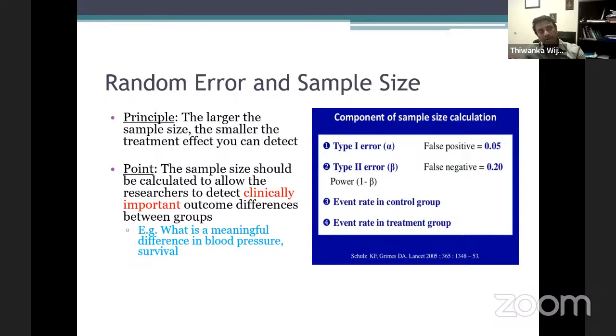The two other variables we put in when we are calculating a sample size are the event rates of the two interventions that we plan to do. So if you're comparing drug A and drug B, we as clinicians would say we are going to consider drug A as superior only if we see a difference of 20% or more.